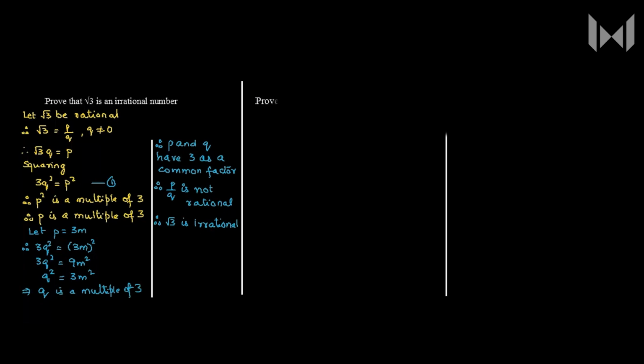Now let's try to prove the other part, that is prove that root 2 plus root 3 is an irrational number. So once again we start with let root 2 plus root 3 be a rational number, and therefore root 2 plus root 3 is equal to m, where m belongs to Q. Q means the set of rational numbers.